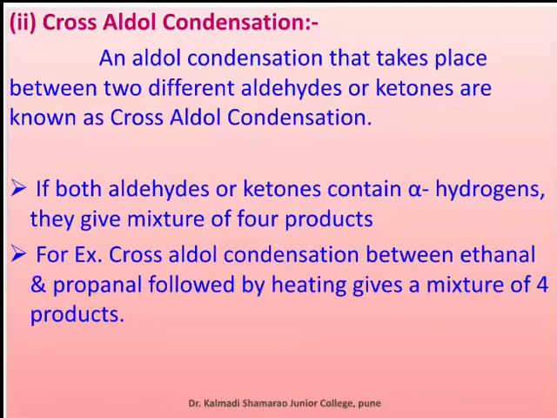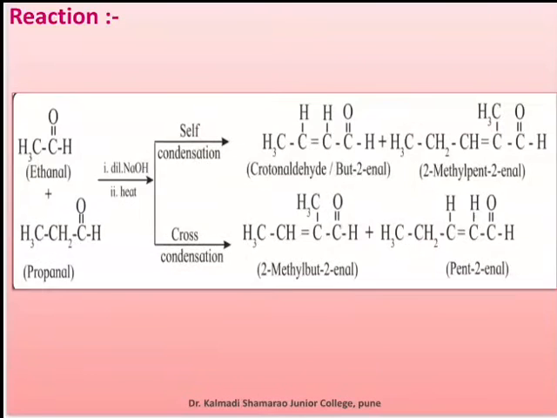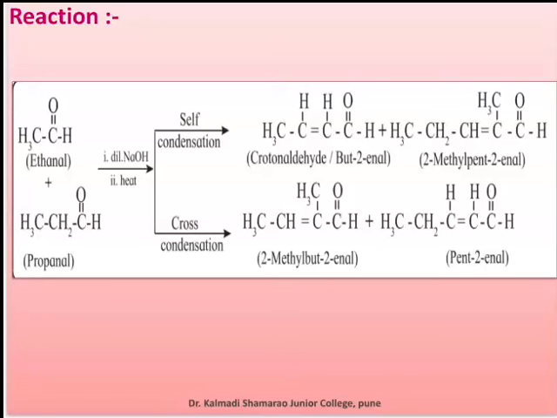For example, cross-aldol condensation between ethanal and propanal followed by heating gives a mixture of 4 products. Let's see the reaction. Ethanal plus propanal in the presence of dilute NaOH and heat gives crotonaldehyde or but-2-enal plus 2-methylpent-2-enal and 2-methylbut-2-enal plus pent-2-enal.